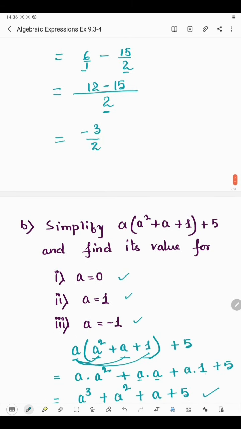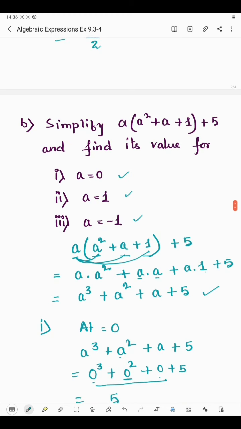Similarly, in the second part, we have this expression given, and here also we had to simplify it at first, and then after simplification, means after solving the expression, we will find the value for a equals 0, a equals 1 and a equals minus 1. Okay, thank you students.